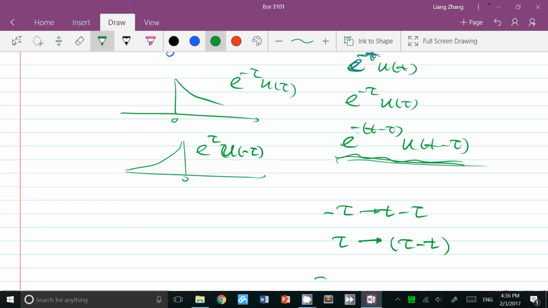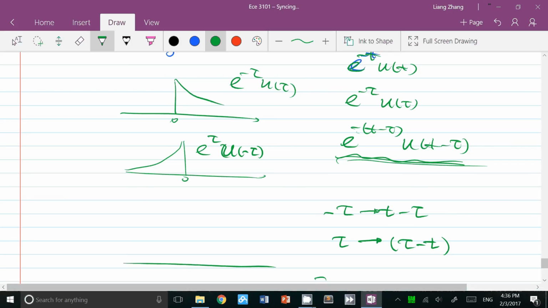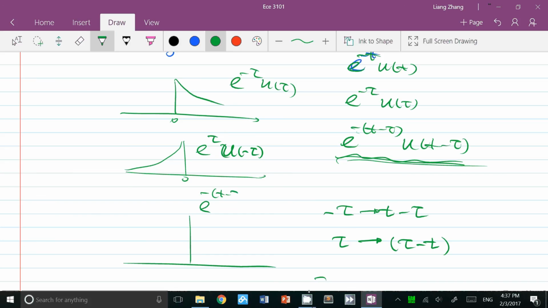Because if I replace all tau with tau minus t, what's going to happen up there is I will have e to the negative t minus tau and u of t minus tau.